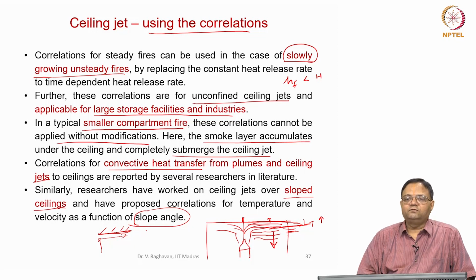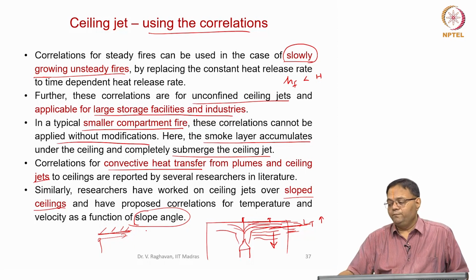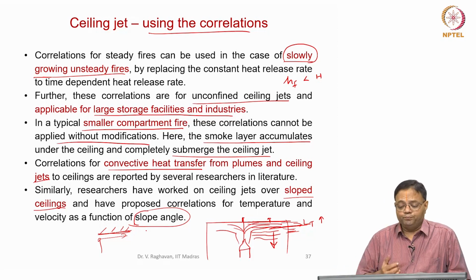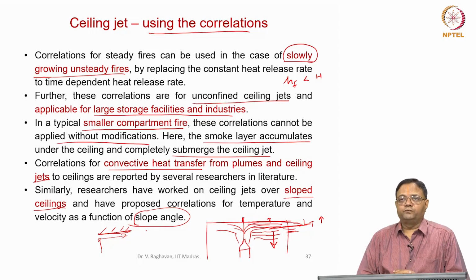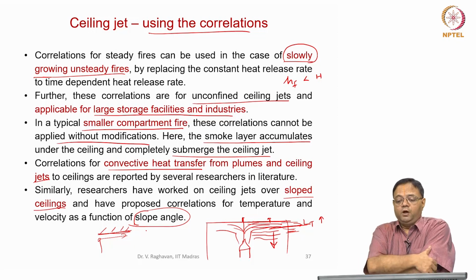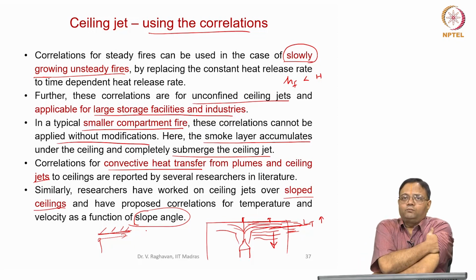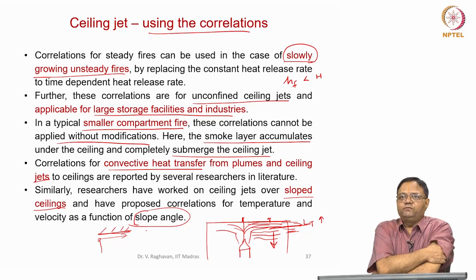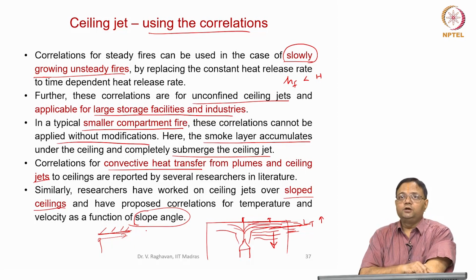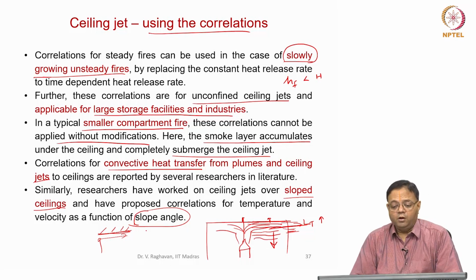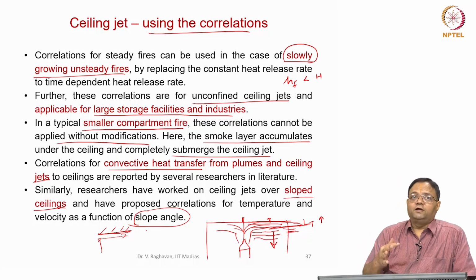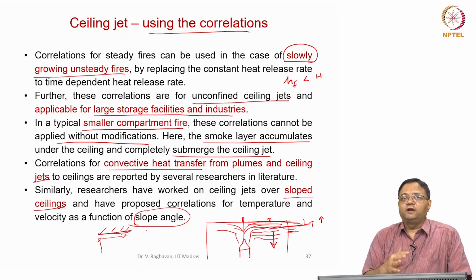So these characteristics of the ceiling jet can be found from correlations developed by Alpert and Heskestad. But these are for weaker plumes, that is HF is less than H. For stronger plumes, where HF is comparable to H, there are some correlations, but they are very complicated. But all these cases are reported for steady fires.